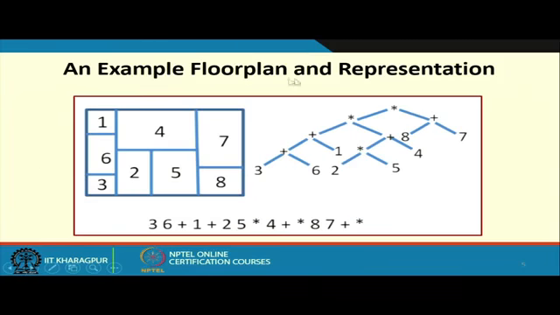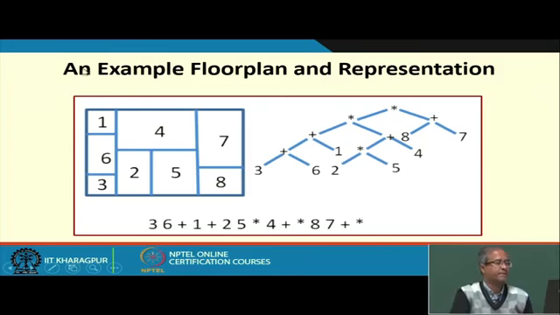Okay. Now, let us come to a floor plan. Now, in this diagram here we show how a floor plan is represented. On the diagram here in the left, you see 1, 2, 3, 4, 5, 6, 7, 8, these represent modules or blocks.